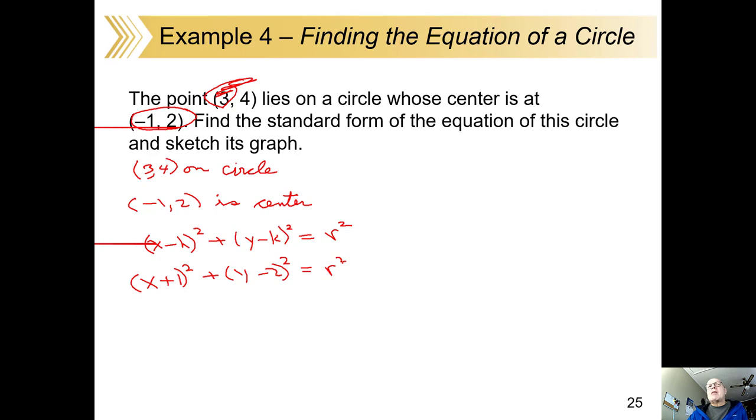Well, all is not lost. All we need to do is find out what the radius is. Use the distance formula. The distance, in this case the radius, is the square root of, remember the general form is x minus x1 for the center squared plus y minus y1 squared will give us the r.